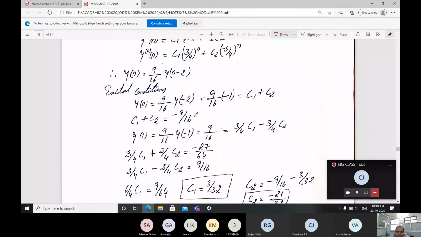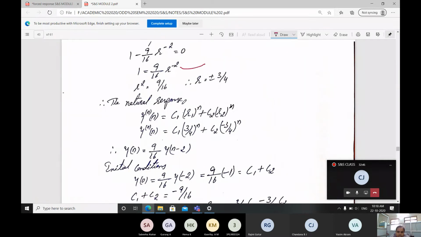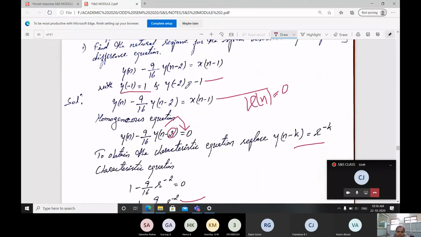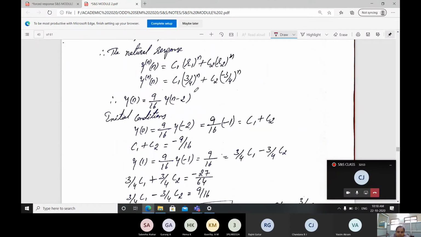First, we will go for the initial condition, that is y of 0. When I substitute n as 0, y of 0 is equal to 9 by 16 y of minus 2. Here y of minus 2 is given for us, and y of minus 2 is nothing but minus 1.